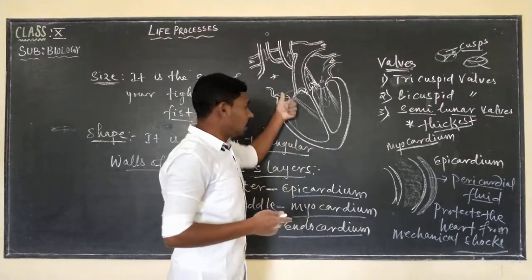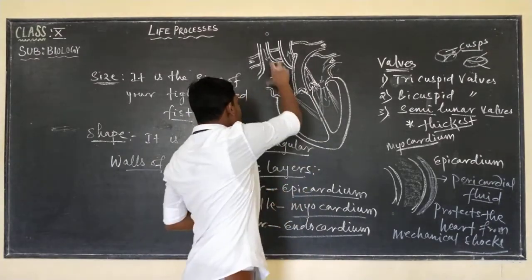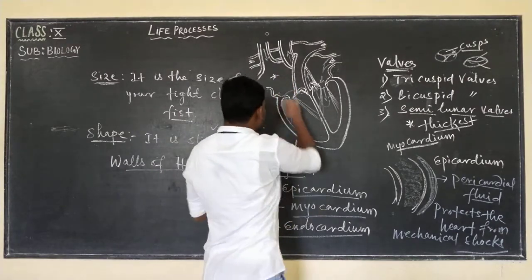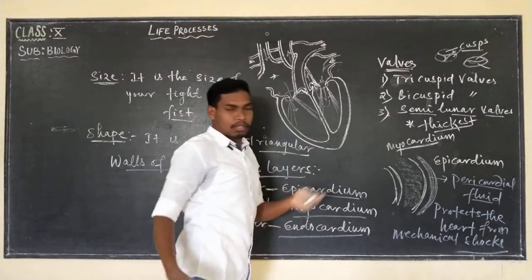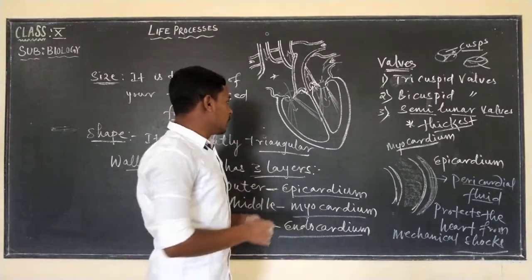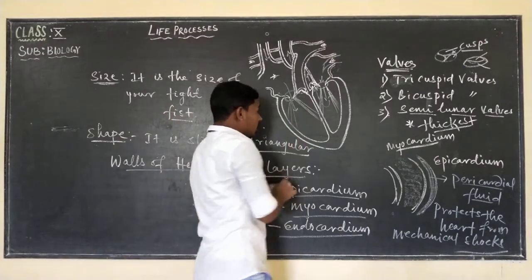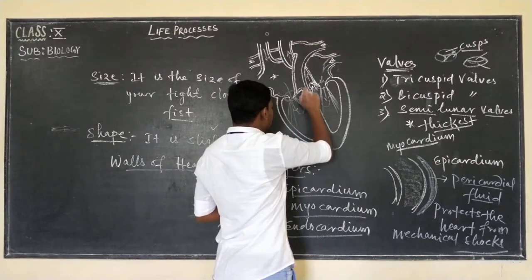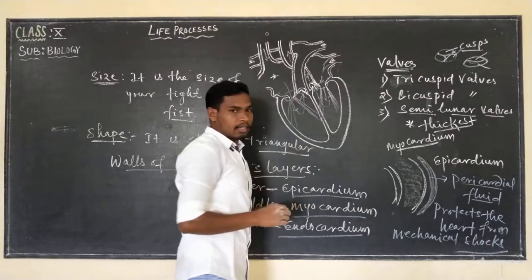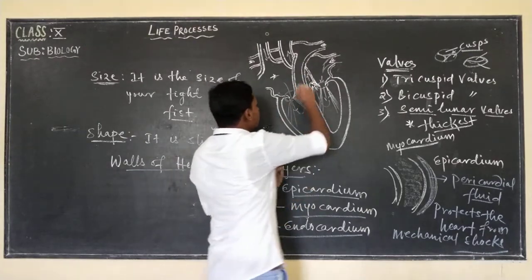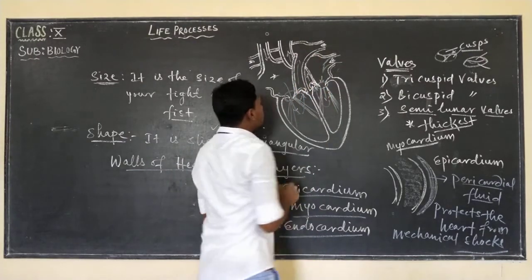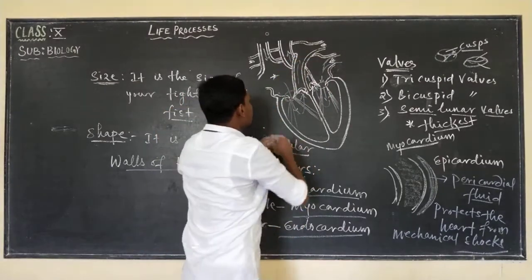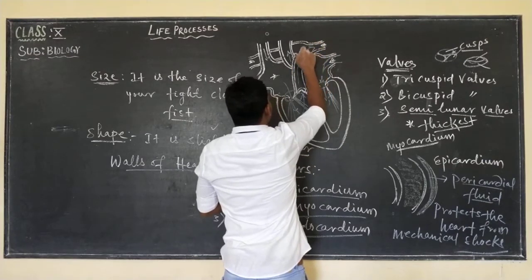Okay, when it is in relaxed condition, the blood is going to fall here. Next, when it contracts, the blood flows to the right ventricle, and when this ventricle contracts, the blood is pumped towards the pulmonary artery. This pulmonary artery is divided into two branches right here, one branch on this side and another on this side.